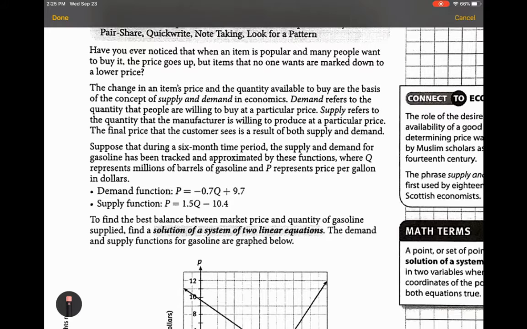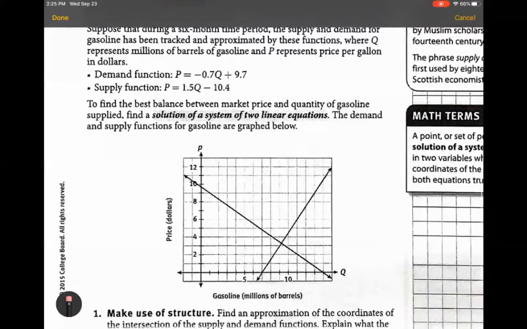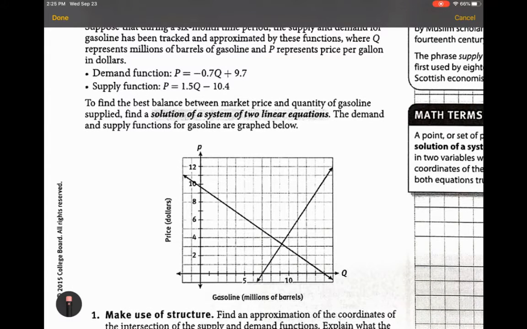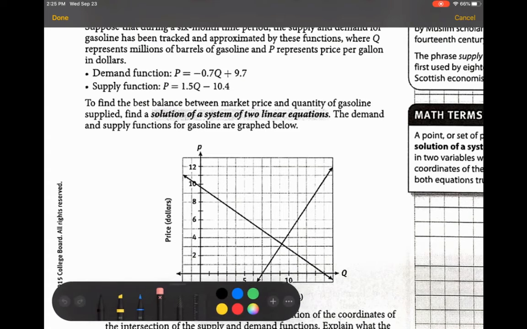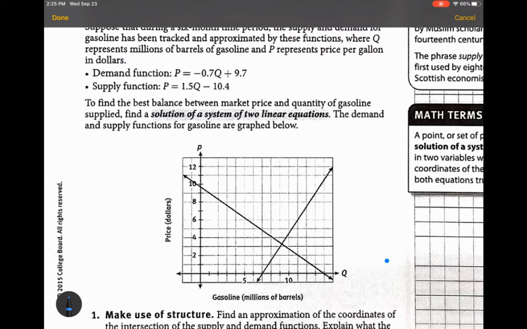If we're looking at this problem, we have these two functions. We have a demand function and a supply function. Both of them have been graphed on here. What we're looking for is the place where they come together.